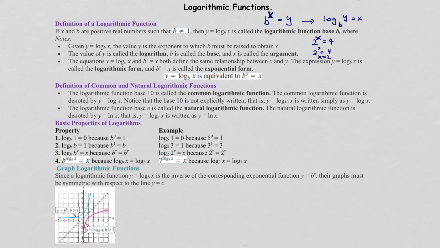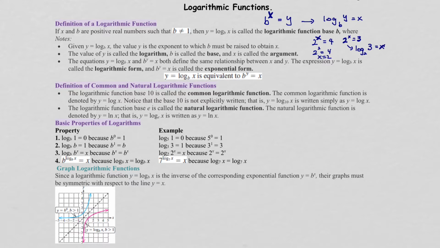But what if you have something like 2 to the x exponent equals 3, right? Because you don't know what exponent you need to get 3, you don't know how to solve that. What you can do is convert this into the logarithm, which will give you log base 2 of 3 equals x.